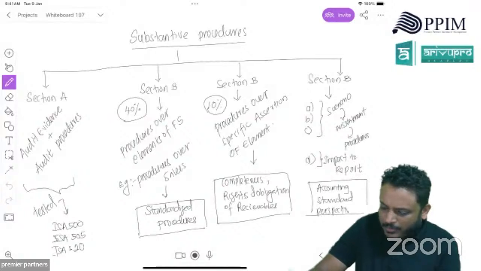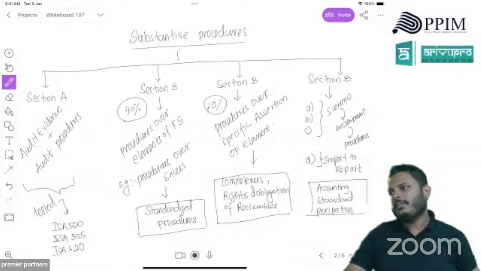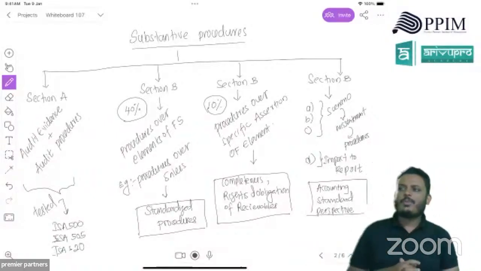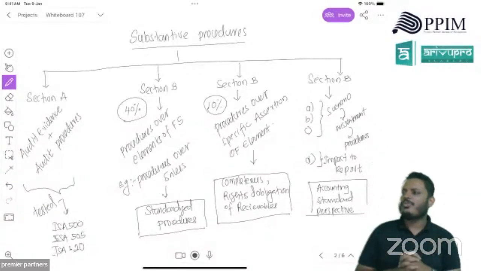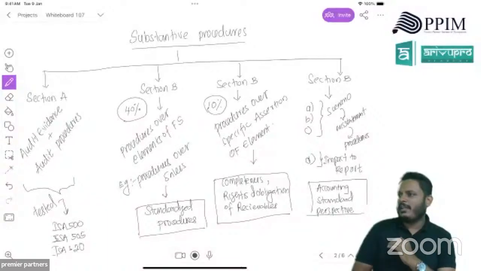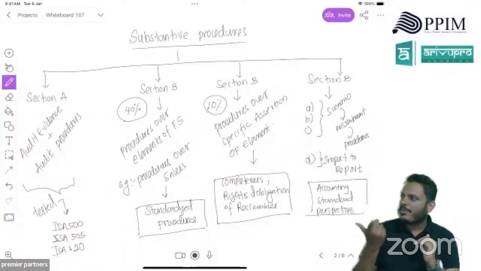In this third type of substantive procedures question, a scenario is given and they discuss some issues, misstatements. It can be an inherent risk or a control issue, a management-side misstatement, and you write the procedures. This is similar to audit risk, where we also wrote responses; here too we write the same type of response procedures.